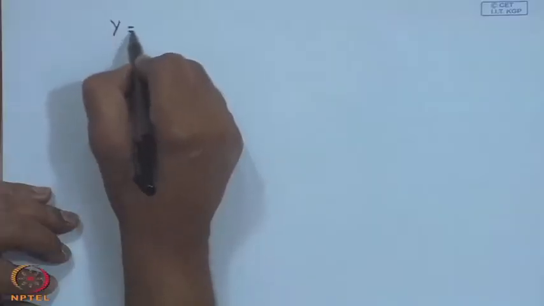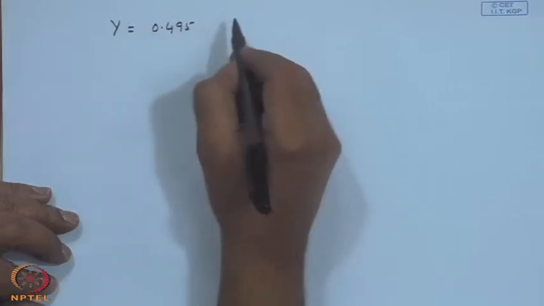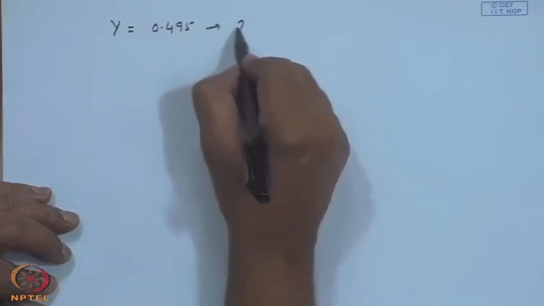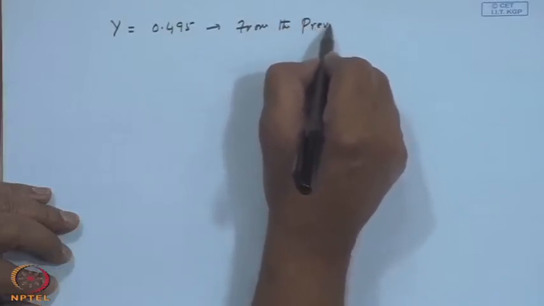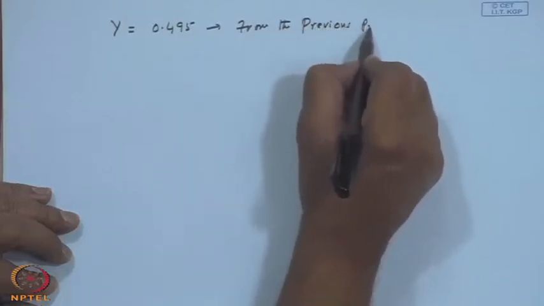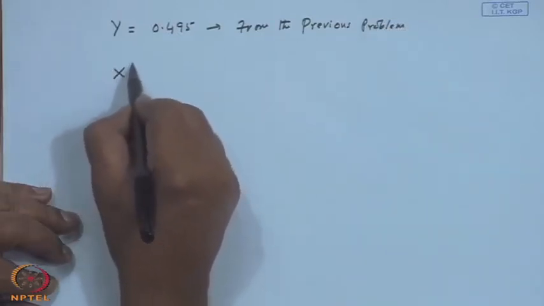Now, I need Y equal to 0.495 from the previous problem. And now, I need X dashed.